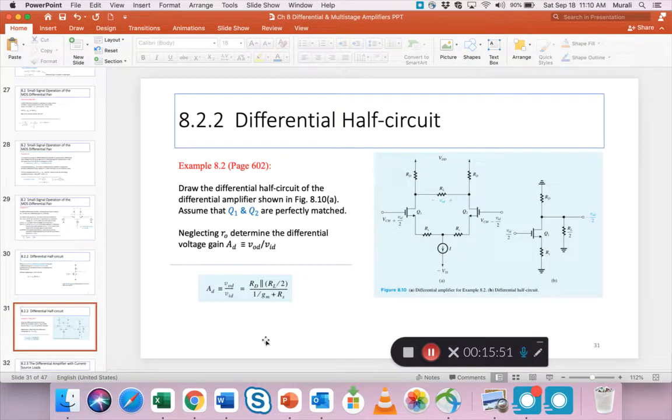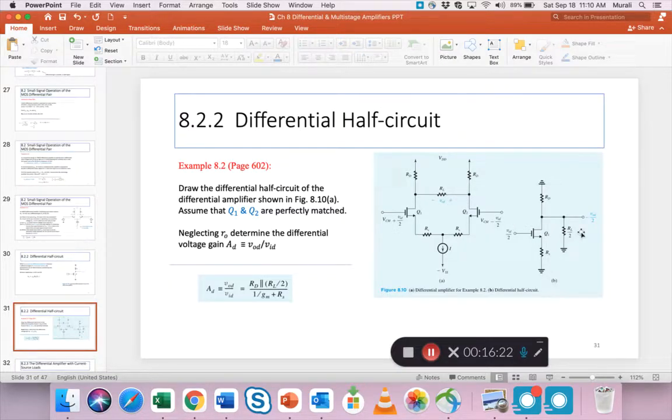All right, example 8.2 on page 602 is actually just a derivation, right? So we have this circuit, and we have these source resistances which are connected in this way. And then there is a load resistance here, RL, right?